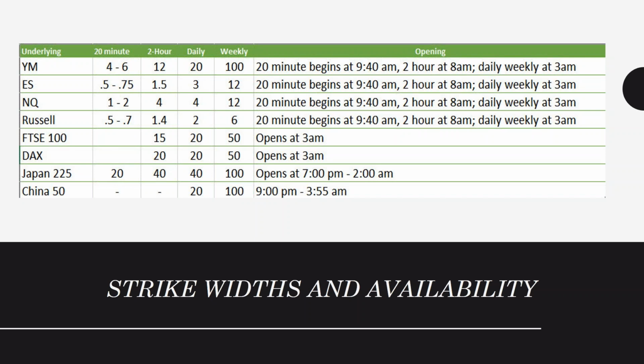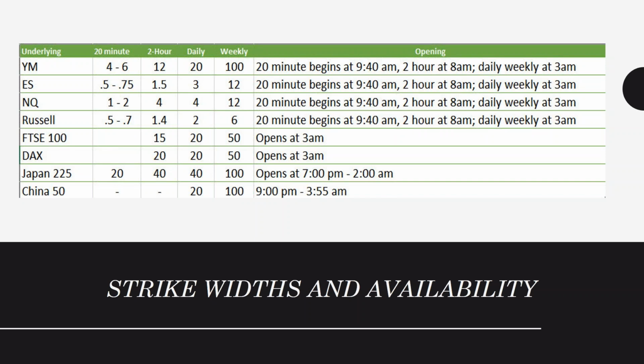The ES, the 20-minute binary, the strike width is between a half point to three-quarters of a point. It is dependent on what time of day you're looking to trade that 20-minute binary. The 2-hour, the strike width is 1.5 points. The daily is 3 points and the weekly is 12 points.